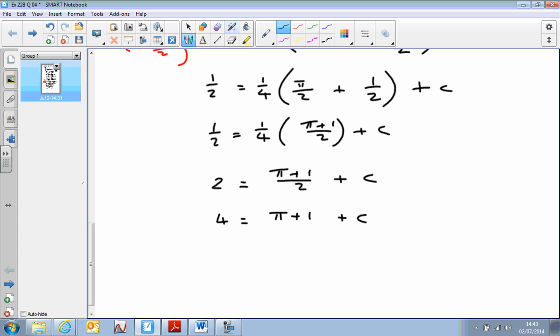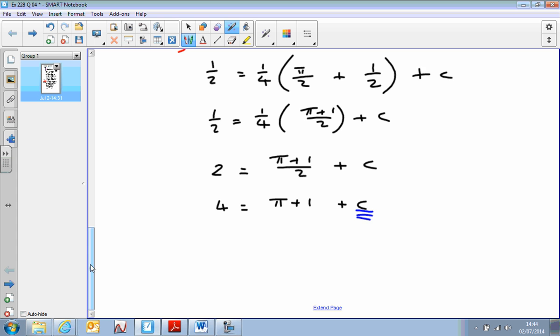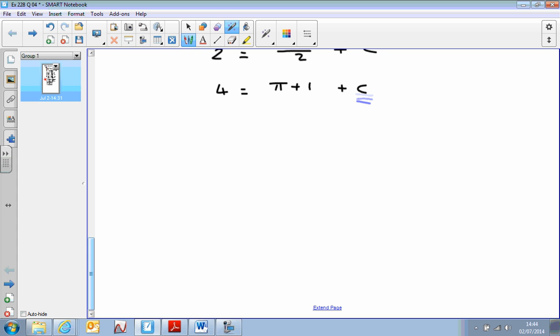By the way, of course, when I'm multiplying through by 4, I should really multiply that c by 4. And when I multiply through by 2 here, to get rid of that 2 there, I should really multiply this by 2. But it is just a constant, so we can call c the constant all the way through. We'll end up with a value for the constant. We don't need to use the rules of algebra on this c.